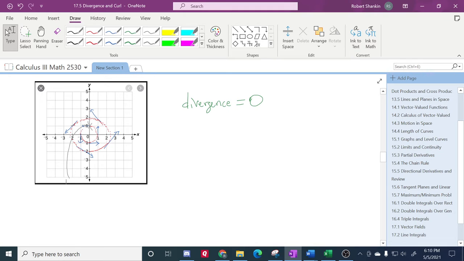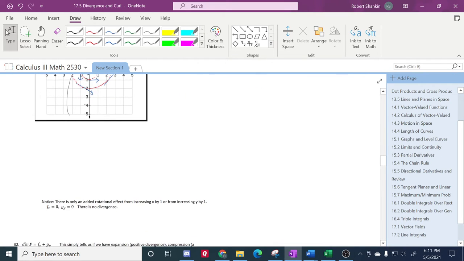When you move in the x direction, if you also increase your speed in the x direction, that's going to make you get further apart or closer together. But this is not. It just has a turning force that increases.